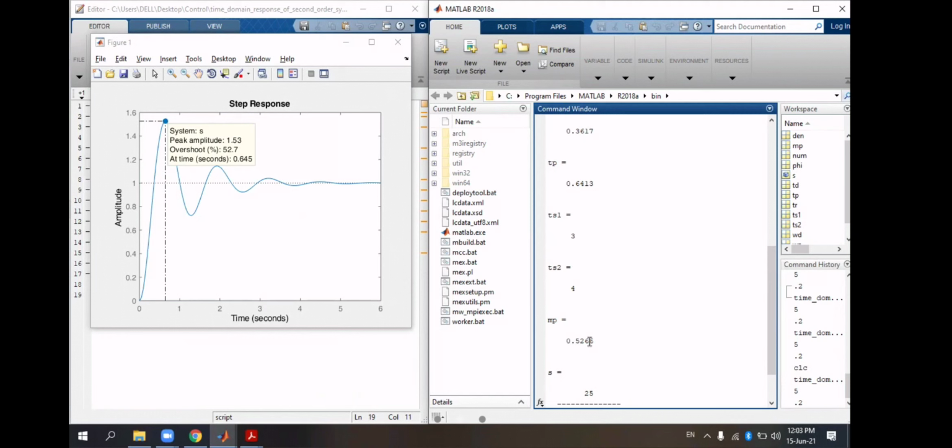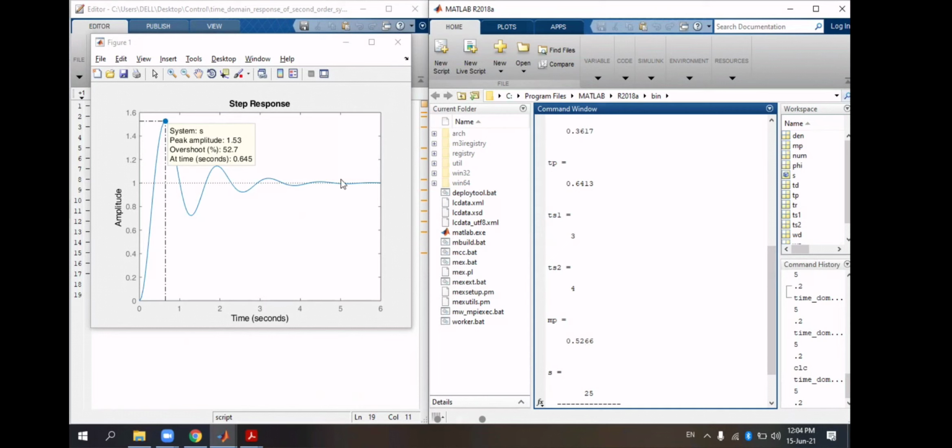This is not in percent; to make it a percentage we multiply by 100, so it becomes 52.66. From the graph you get 52.7, and from the formula 52.66, nearly the same.